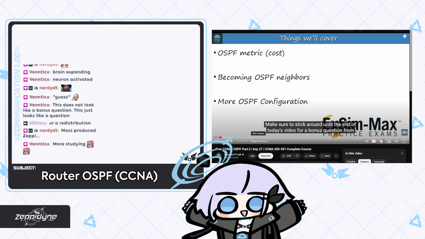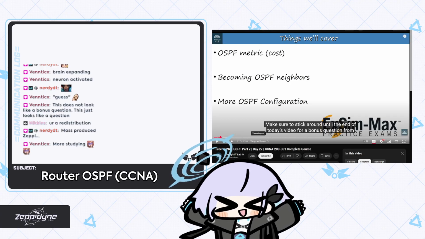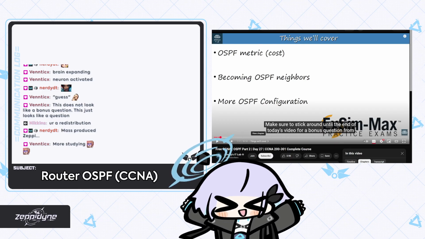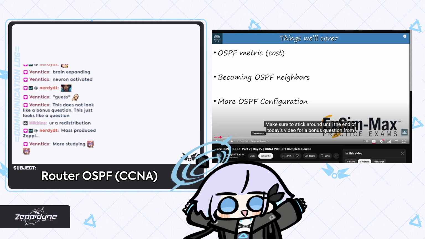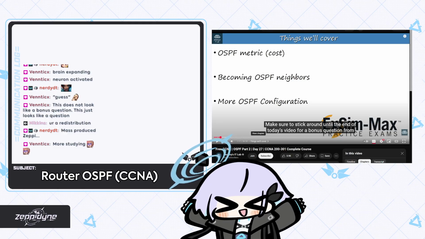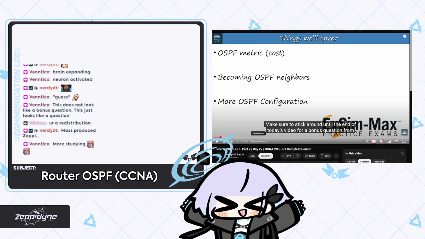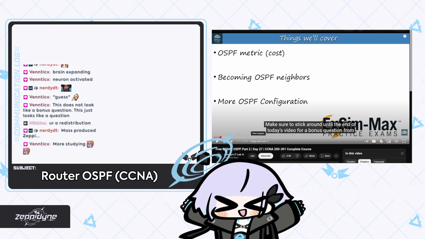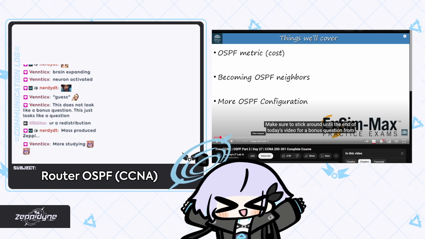So the connection from R1 to R2, you'd say it costs like 10. But the connection from R1 to R3 costs 20. So now you're gonna look for a path to R4.